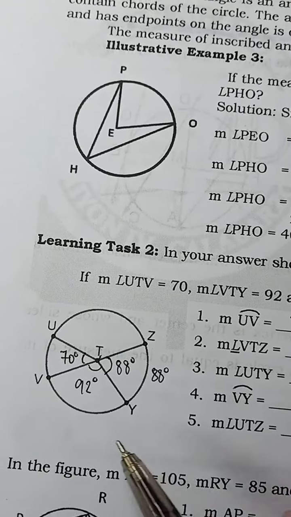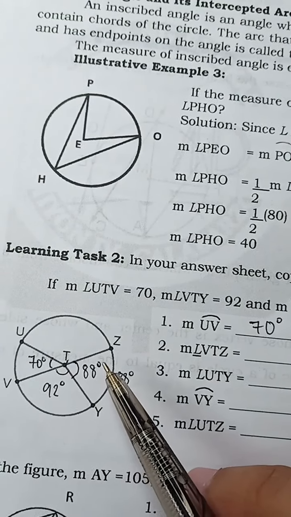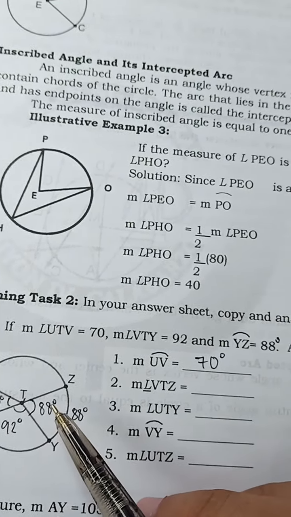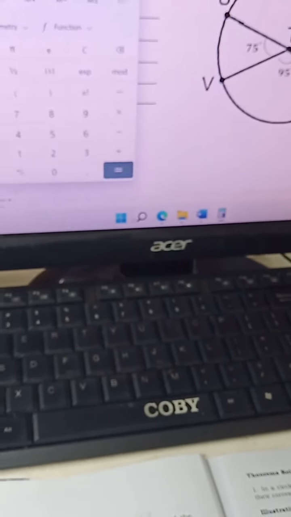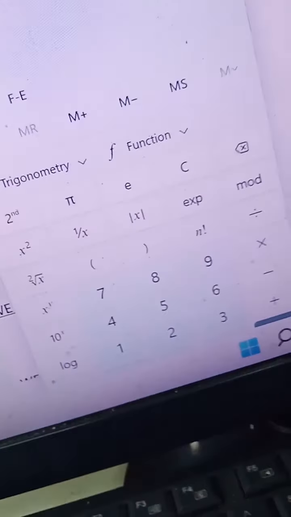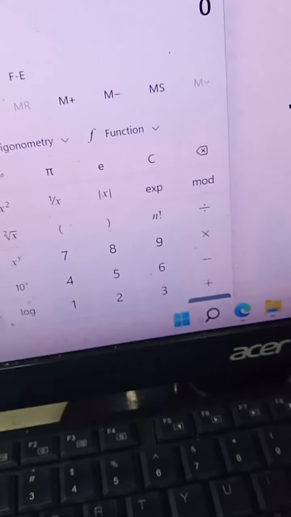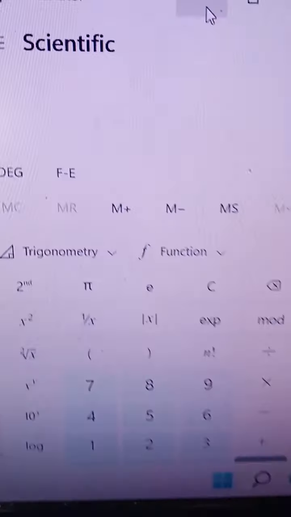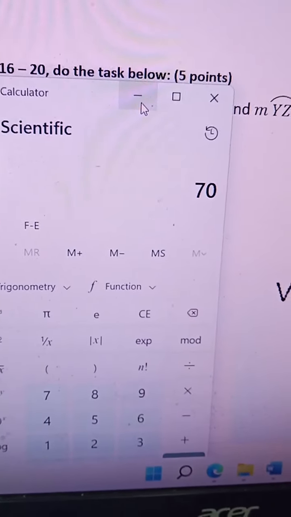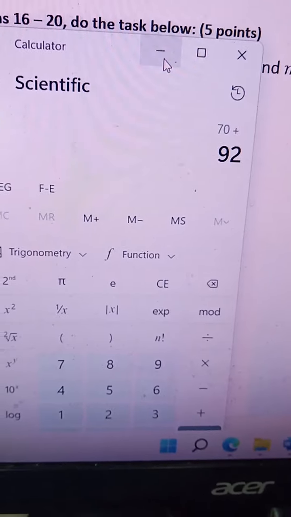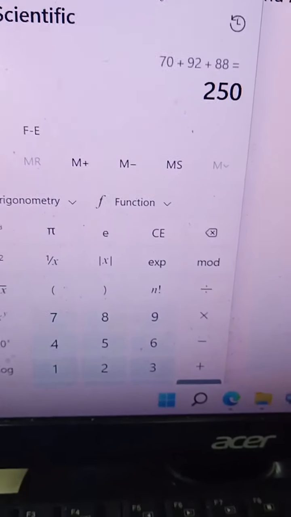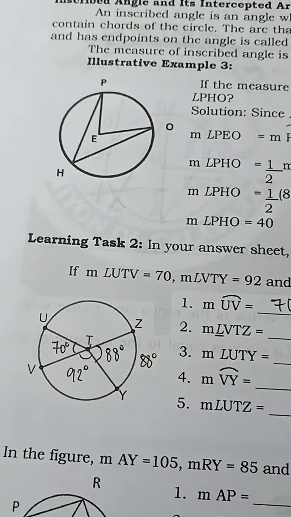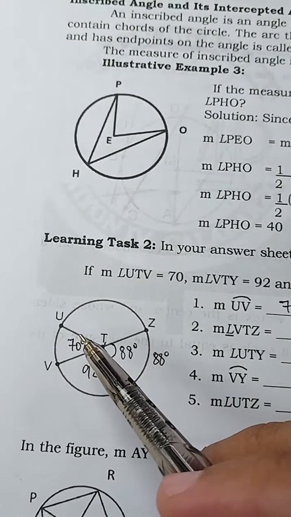Then we add all the degrees. Let me use the calculator: 70, 92, and 88. 70 plus 92 plus 88 gives a sum of 250 degrees for these three central angles.